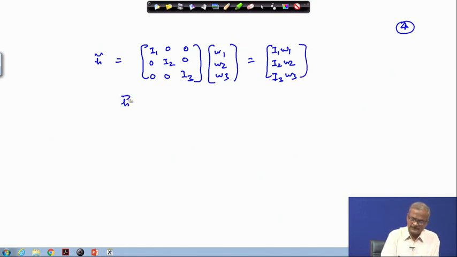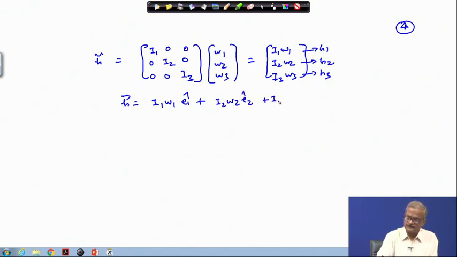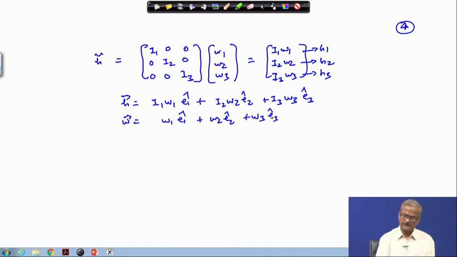In vector notation the same thing you can write as h 1 equal to I 1 times omega 1 times E 1 cap, the second term h 2, omega 2 E 2 cap, plus h 3, E 3 cap. While your omega vector we have written as omega 1 E 1 cap plus omega 2 E 2 cap plus omega 3 E 3 cap, but we can see that these two vectors cannot be parallel because of the presence of these terms.